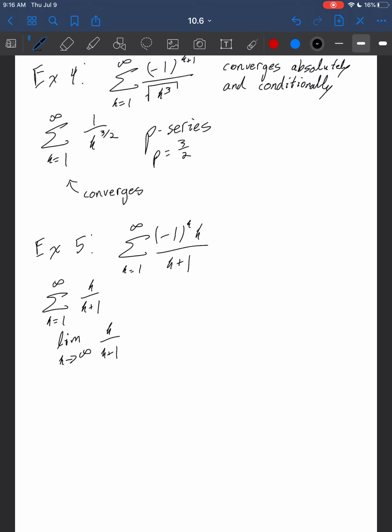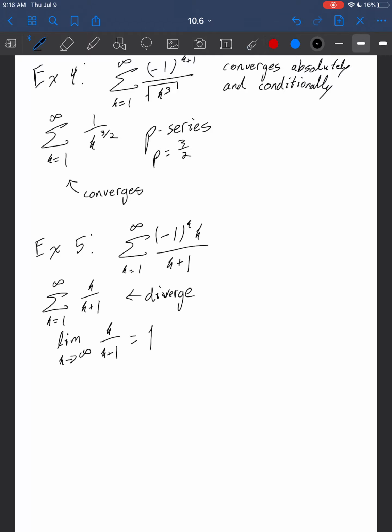So looking at the limit as k goes to infinity of k over k plus 1, this is going to be a polynomial where the top degree of 1 is the same as the bottom degree of 1. So we can look at the leading coefficients as 1 over 1. And so this is going to be 1. Well, this is not 0, and so this is going to diverge by the divergence test.